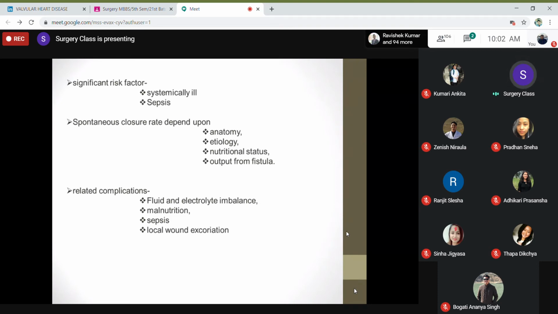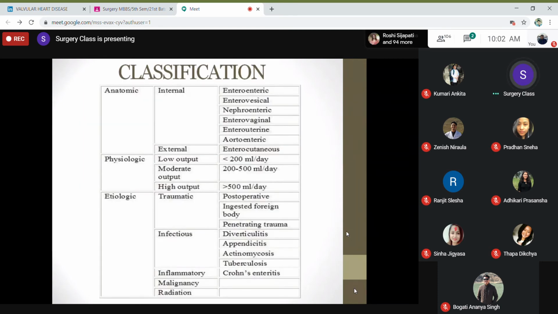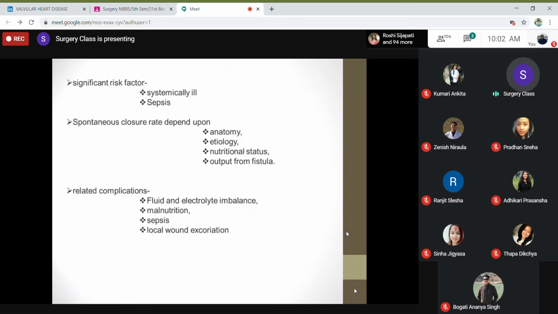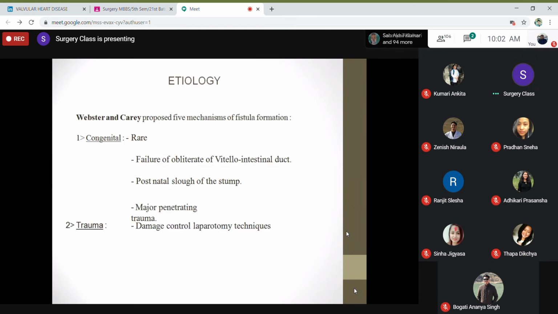The main factors are etiology, anatomy, nutritional status, and how much output there is from the fistula, which we classified as low output, moderate output and high output. Similarly, it depends on related complications, like fluid or electrolyte imbalance, malnutrition, sepsis, local wound excoriation, etc.